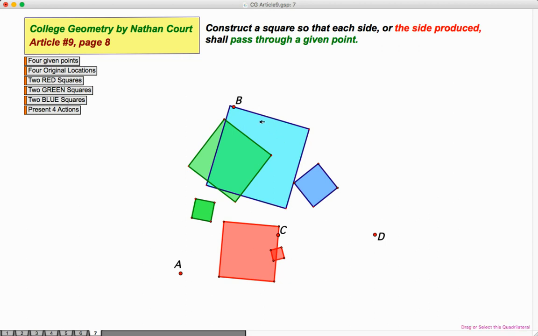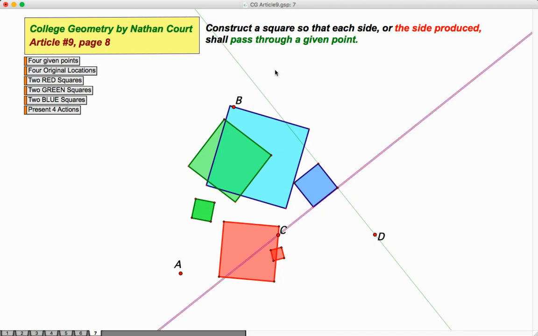Wow. For this, okay, let's consider this small blue square. This one passes through D. This one passes through, where is that one? This one passes through B. This one passes through A. Okay, if it's not so clear, let's construct the line. Indeed, it passes through D. Construct this line.